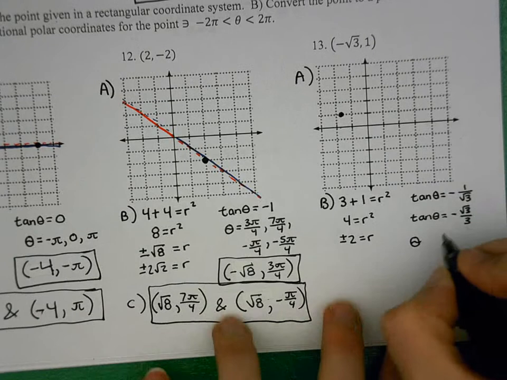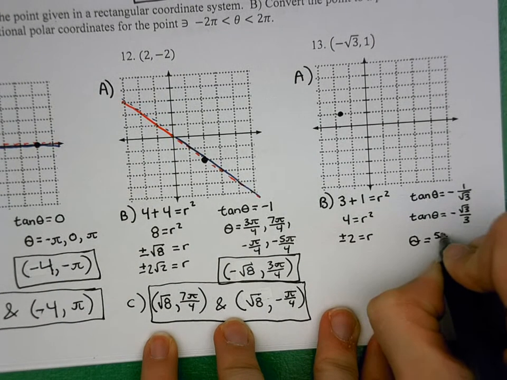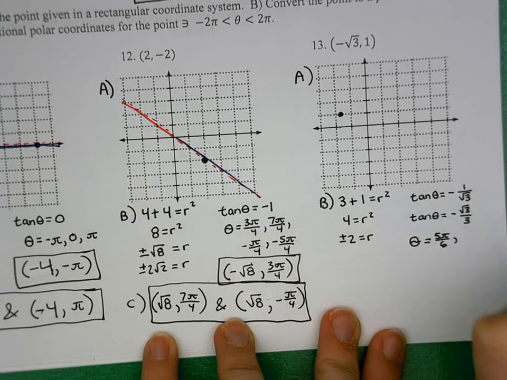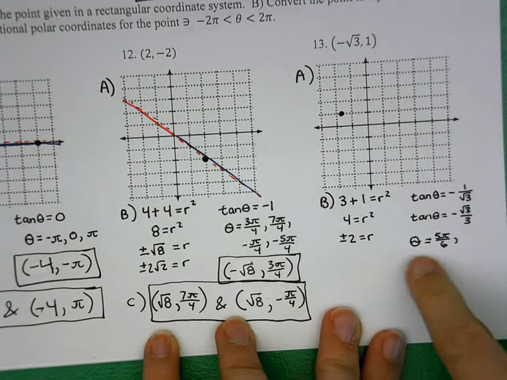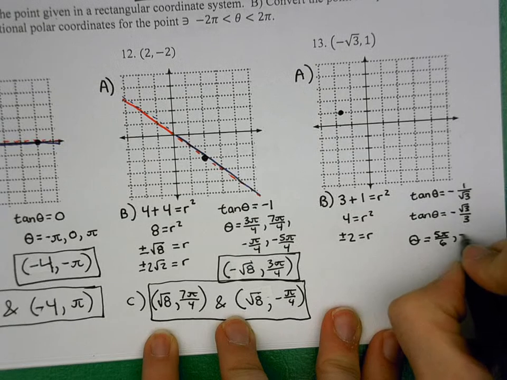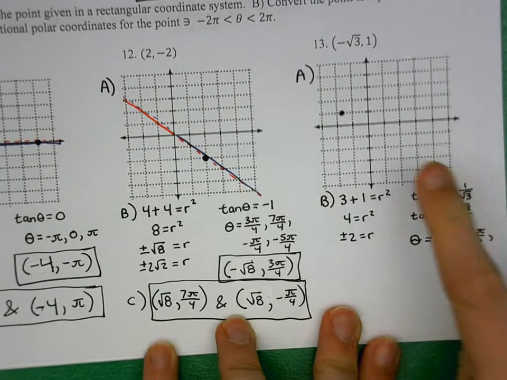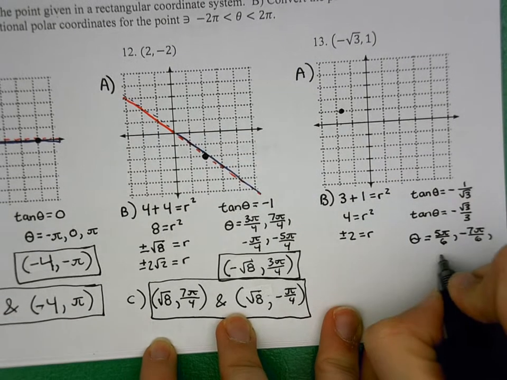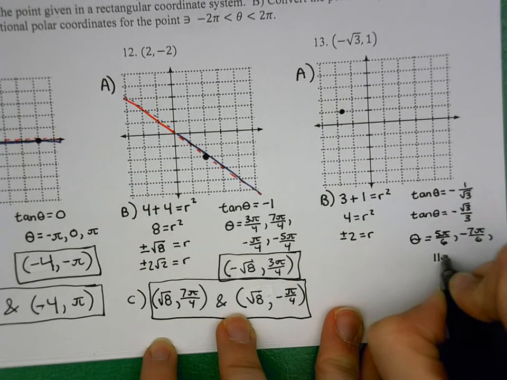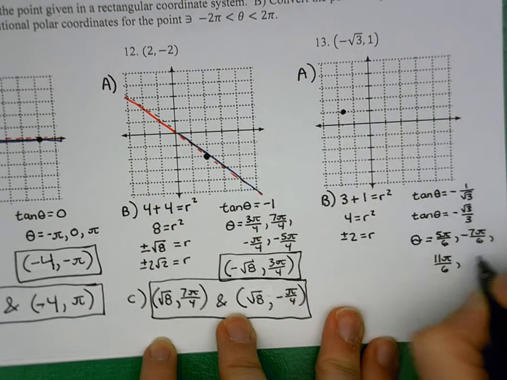Well, 2nd would be 5 pi over 6, or its corresponding negative angle, if I went the opposite direction, subtracting 2 pi from that, would be negative 7 pi over 6. And then the 4th quadrant pi over 6 is 11 pi over 6, or its negative, which would be negative pi over 6, subtracting 2 pi from that.